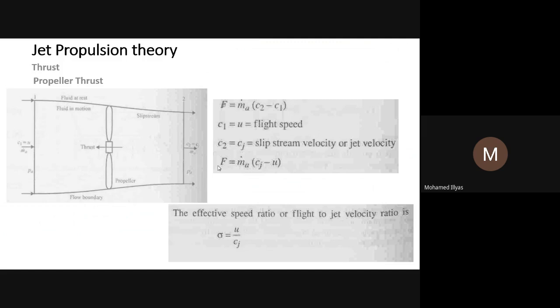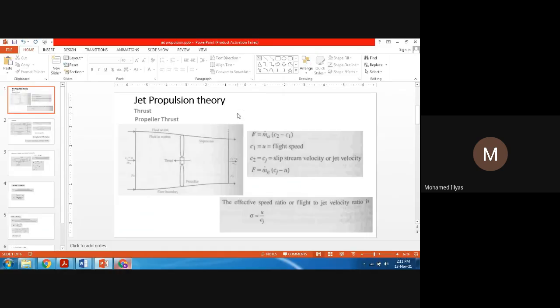Obtaining thrust in the two systems is slightly different, but the basic principle is the same. On the right hand side, we have written F equal to m dot into change in velocity. This is from our Newton's second law of motion.